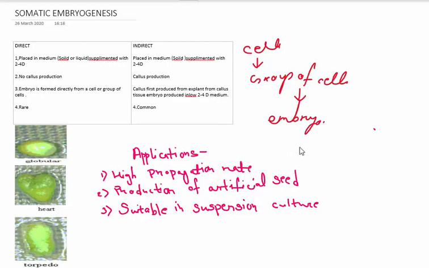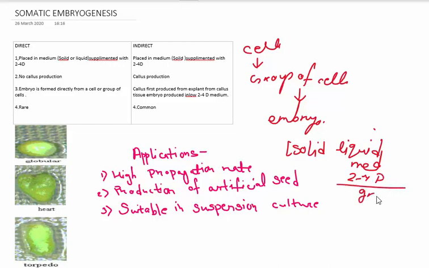So first the cell or the group of cells is placed in a solid or the liquid medium which is supplemented with 2,4-D. Okay, that is the growth regulator. And in this case there is no callus formation that takes place.